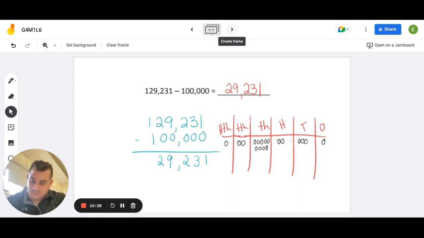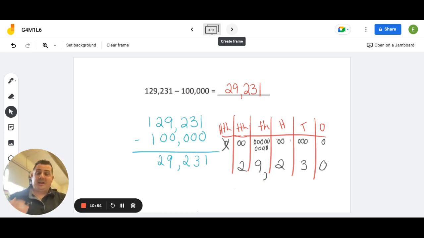And then what we're going to do is, since we are subtracting 100,000, I could just cross out in the 100,000s. I now don't have any 100,000s, and you see what's left. We have 2 in the 10,000s, 9 in the thousands, 2 in the hundreds, 3 in the tens, 0 in the ones.